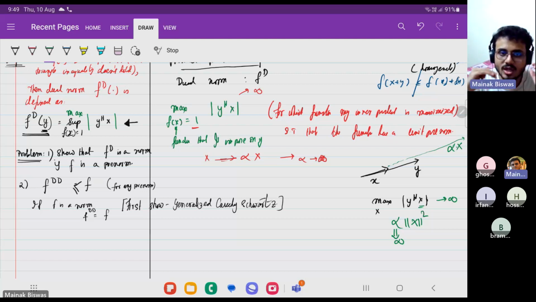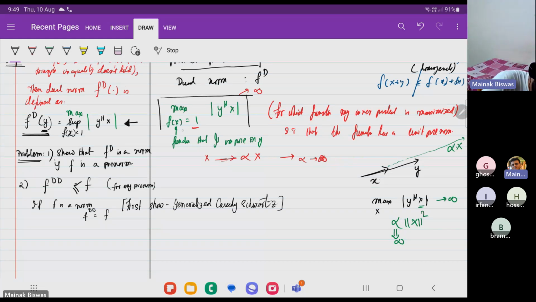If it is not okay, tell me which part is not okay. I'll be waiting for 5 seconds. Okay, so it's okay. Good. So we are putting a constraint that the norm of x is equal to 1. And the max of this is y Hermitian x.